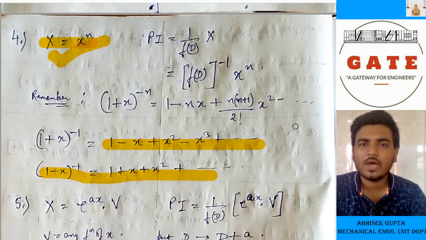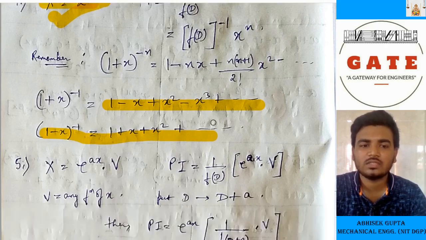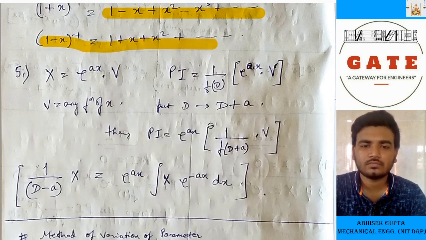And remember that D^(−1) means you have to do the integration, because D means differentiation and the inverse of differentiation will be integration.